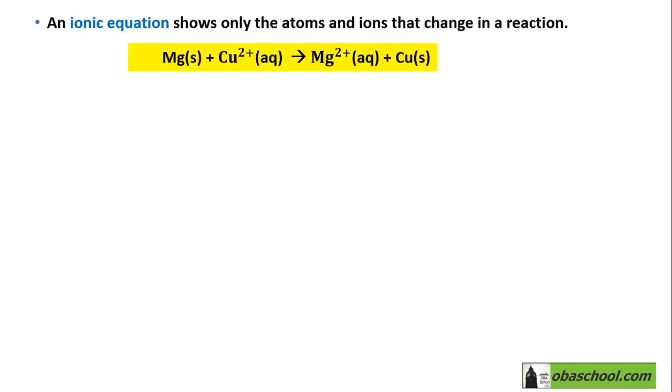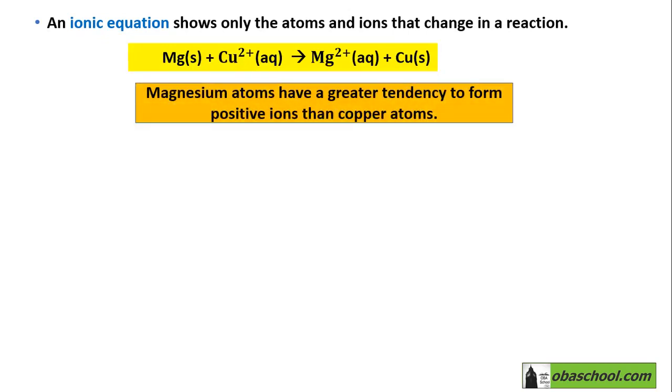So Mg was in the solid state. It became an ion. However, copper was an ion. It turned back into a solid. Magnesium atoms have a greater tendency to form positive ions than copper. That's why magnesium is more reactive than copper.